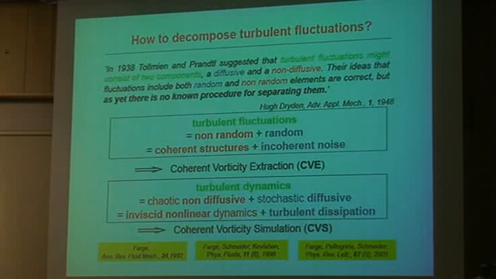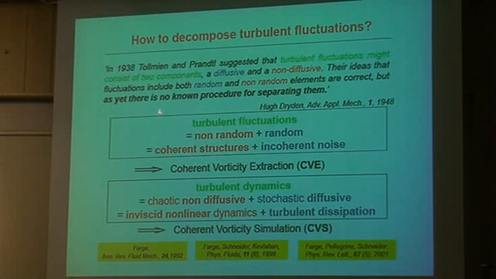Actually, we got inspiration from this beautiful quotation, an old one by Hugh Dryden, 1948. He is the one who founded NACA, which then became NASA, a really important person.